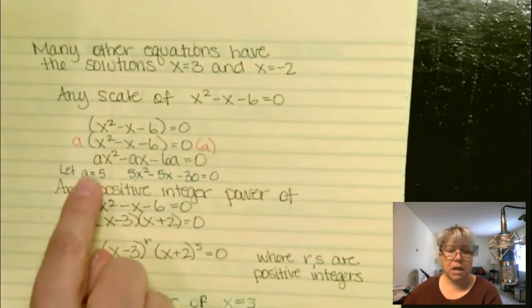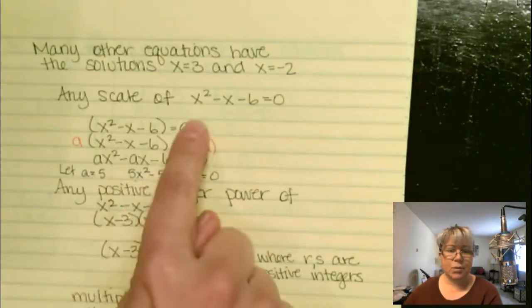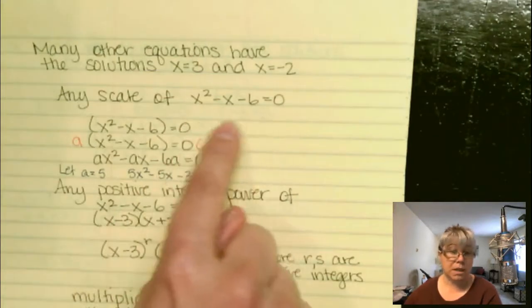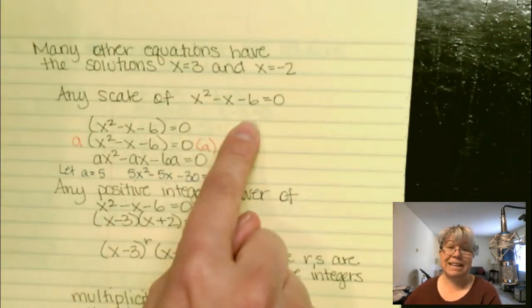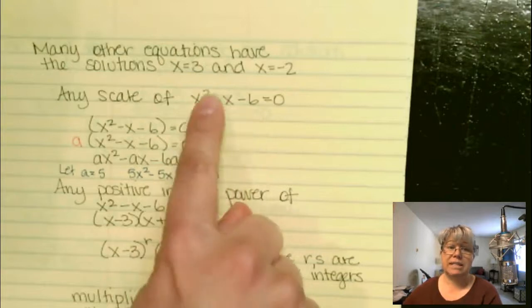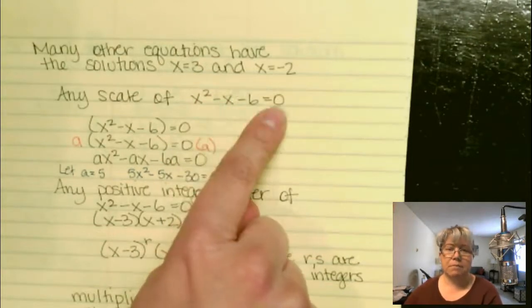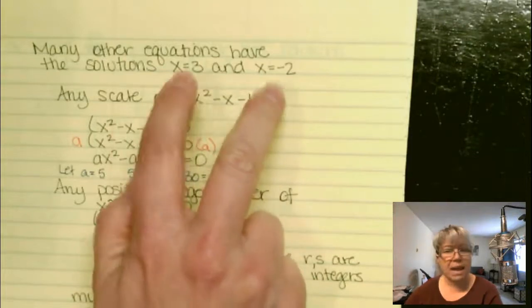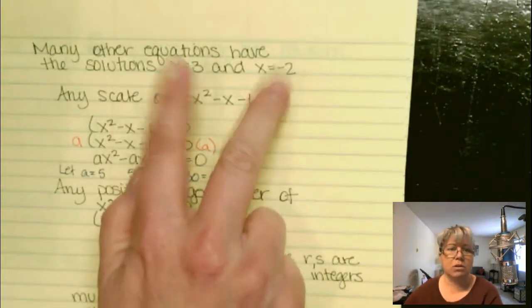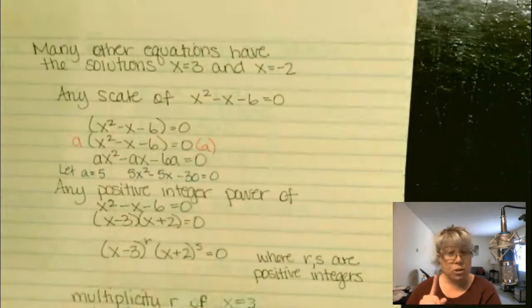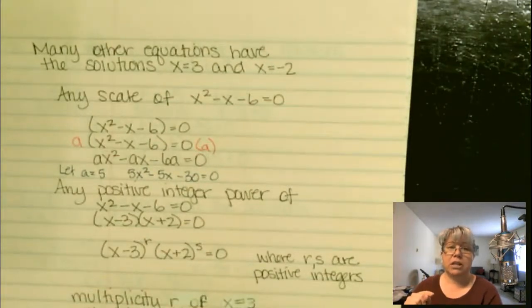We can multiply this quadratic equation by any value except 0, and it will have the same type, quantity, and actual solutions. So that's one way of changing the quadratic equation to have a particular look to it.